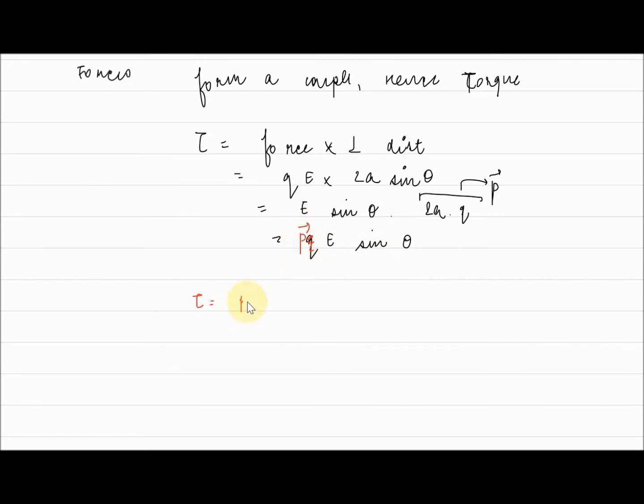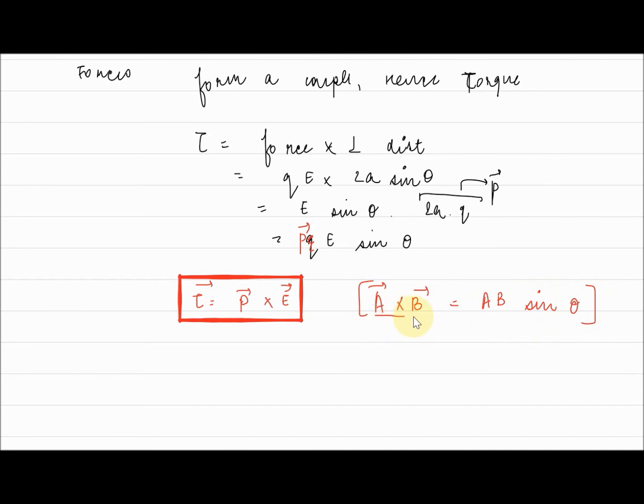Torque is equal to p cross E, the cross product of the dipole moment and the electric field. Because we know A cross B gives us AB sine theta. So p cross E will give us pE sine theta.